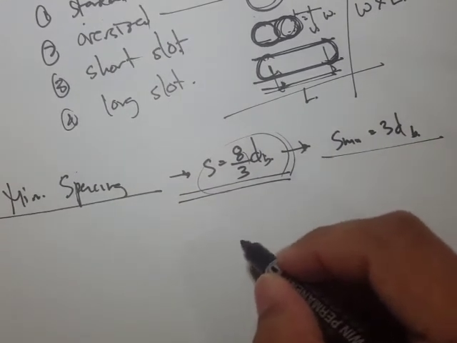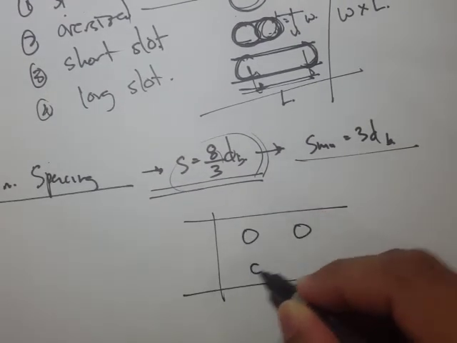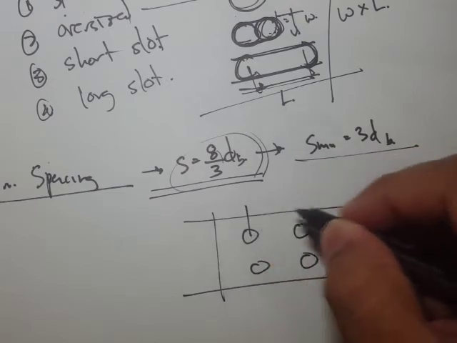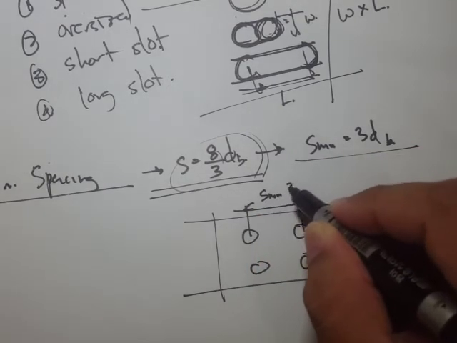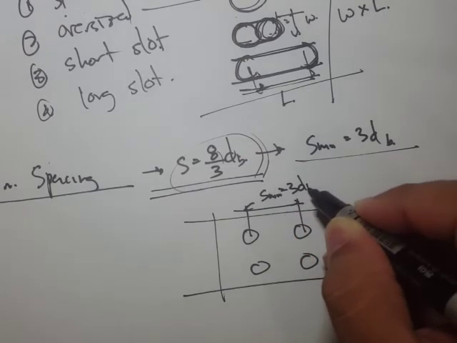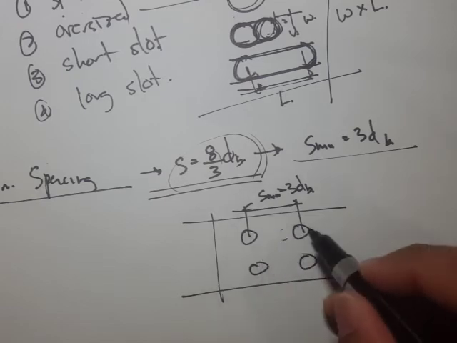So meaning that if we have this connection, then the minimum spacing right here should be 3 times the bolt diameter. So 3 times this, that's going to be the distance.